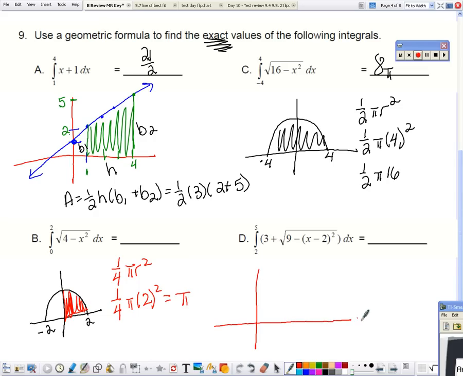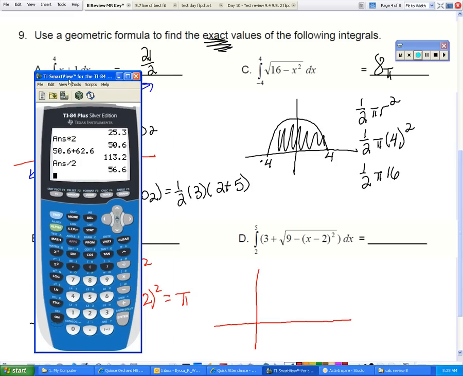Okay, so then drawing D, you could use your calculator if you wanted. I hadn't used it for the prior ones. You can do 3 plus the square root of 9 minus x minus 2 squared. So what we're seeing here is a semicircle raised up.